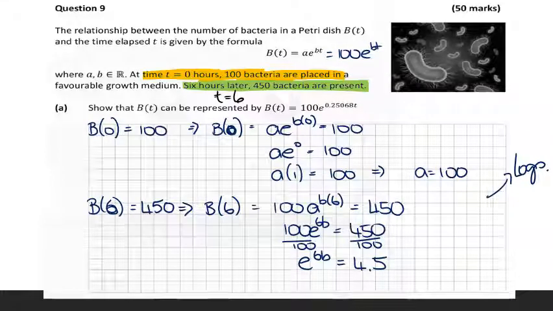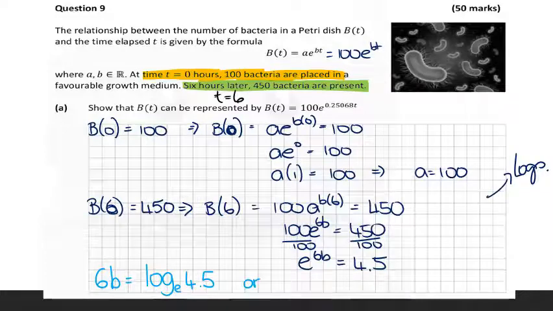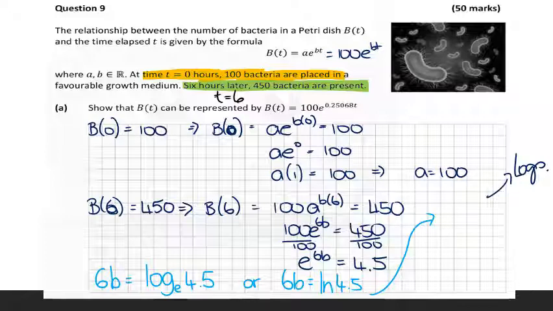I want to get to the powers. So in order to do that, I'm going to take log to the base e of both sides: 6b equals log to the base e of 4.5, or 6b equals the natural log of 4.5. So that gives me 6b equals 1.504 and so on.